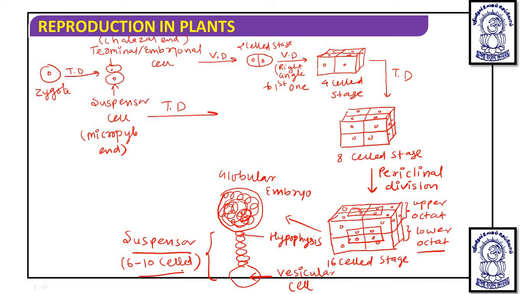Okay, so this way the whole embryo will be formed. And you should remember that the suspensor cell undergoes transverse division and forms the suspensor, and you can see the suspensor is located here. After this 6 to 10 celled suspensor and globular embryo, several divisions will occur and the further stages will be observed. In further stages you will see a heart-shaped stage.